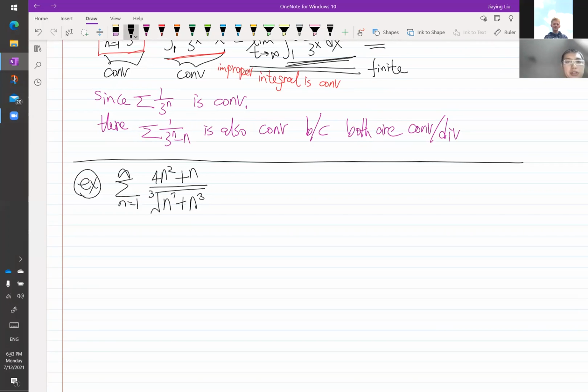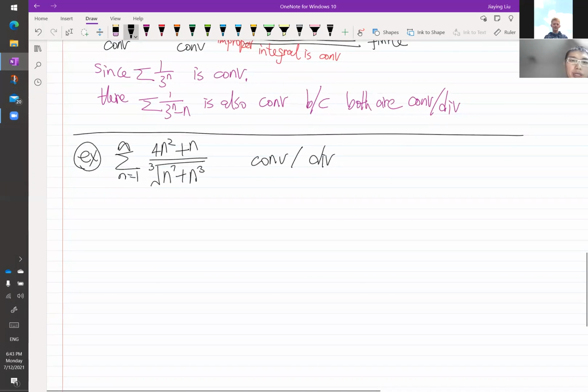This is the series that we want to know if it's convergent or divergent. Here we only have one series. I'm going to call it AN or BN, but I'm going to leave it for now.